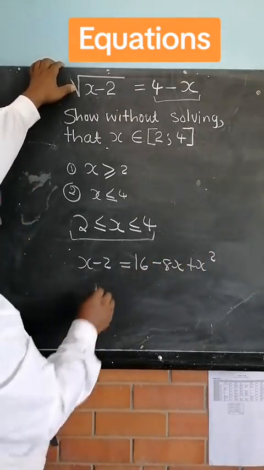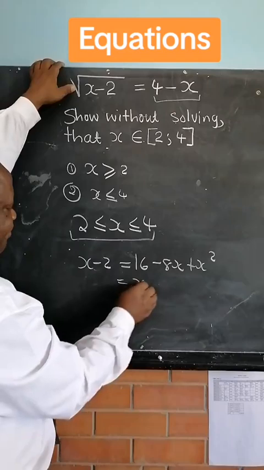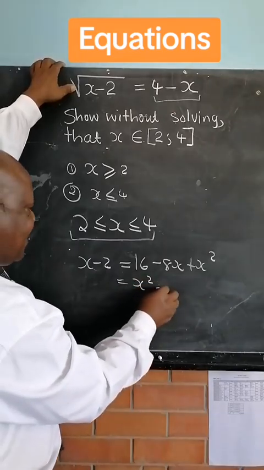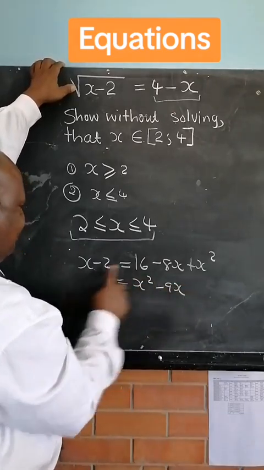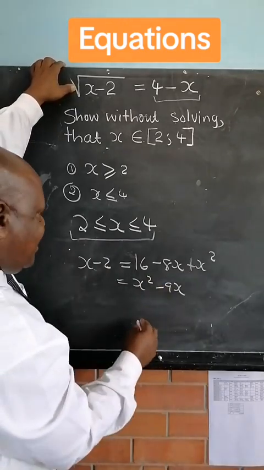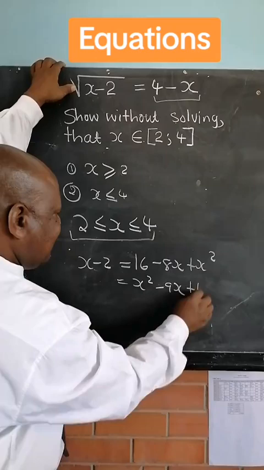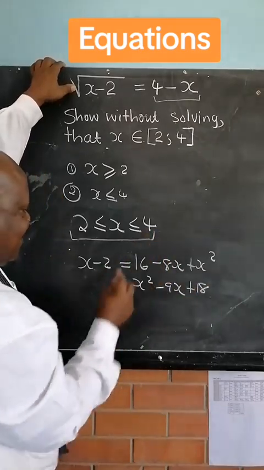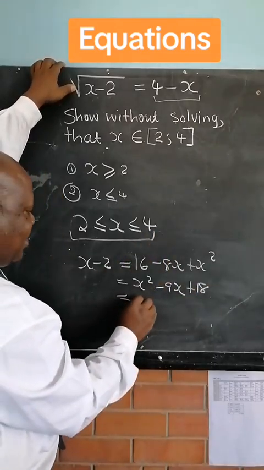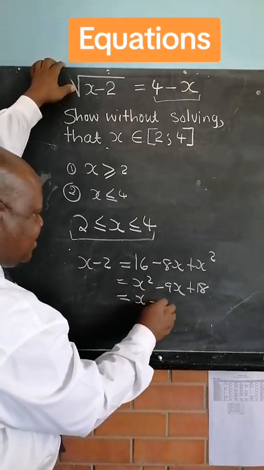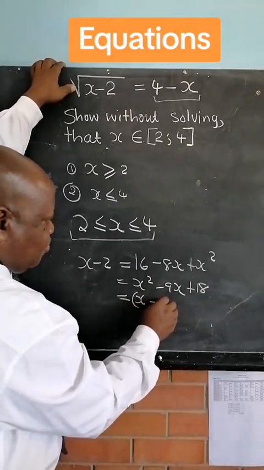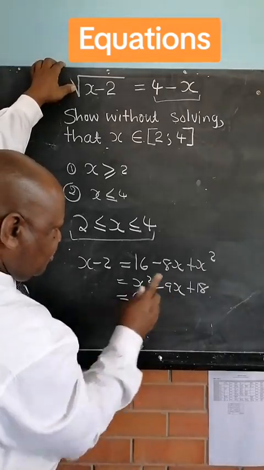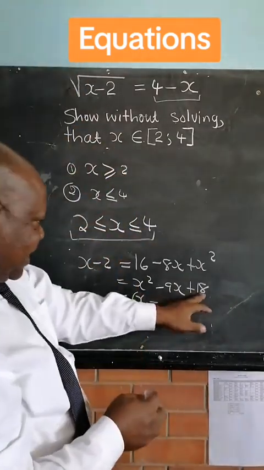This will give me x squared minus 9x plus 18 if I bring everything to one side, equal to 0. I've got 18.